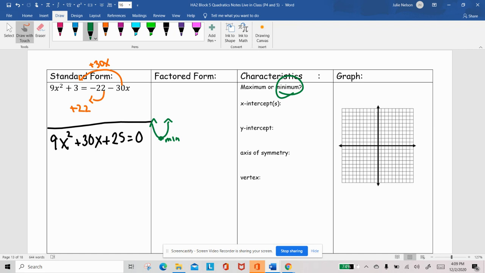I want to factor this to find my x-intercept. If I draw my big X and take the first and last numbers, which multiply to 225x squared, and our middle is 30x, I ask myself, what times what is 225x squared and adds to 30x? Well, it's not 1 times 225.